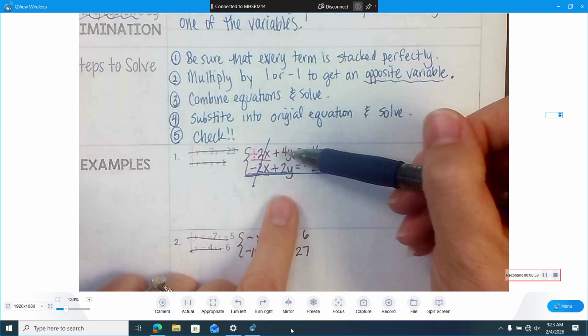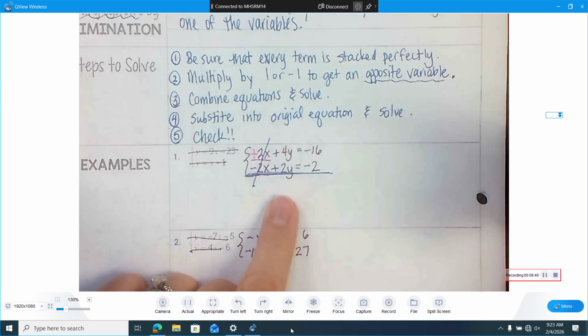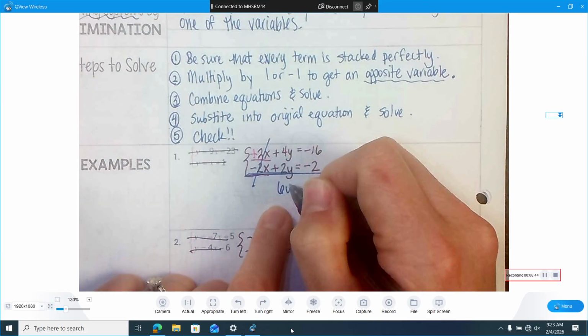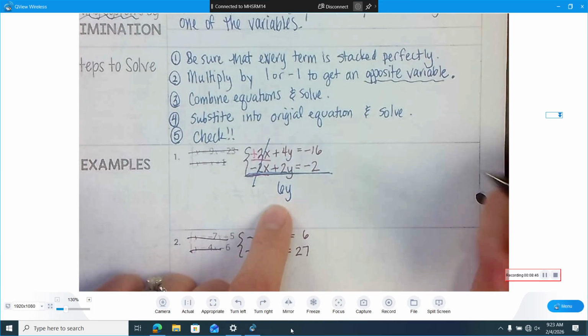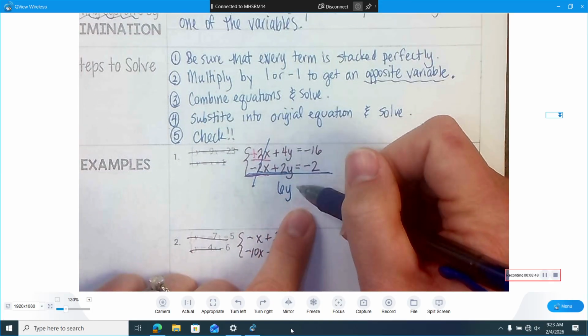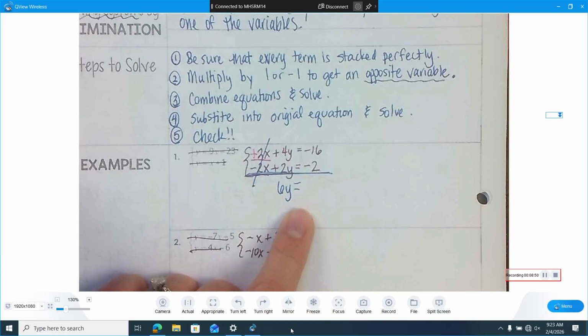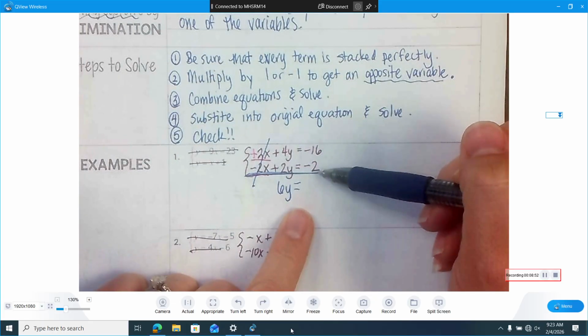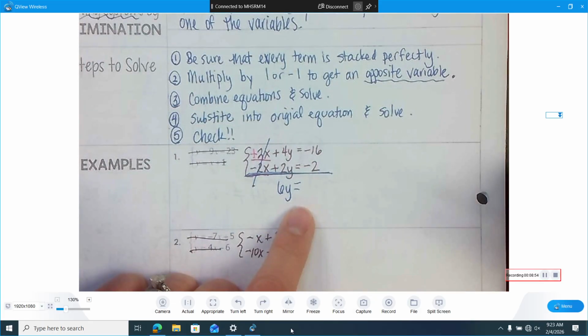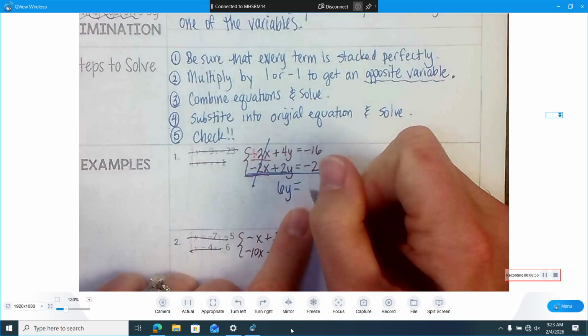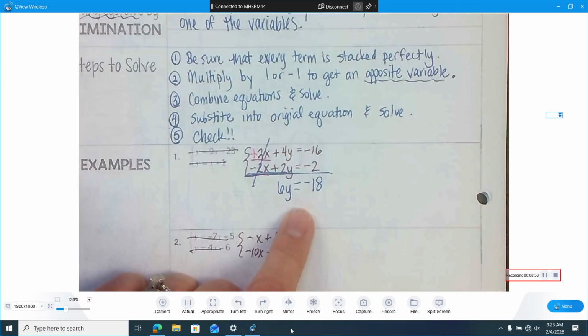And then here we're going to combine, what's 4 y's and 2 y's? 6 y's. Look at that, we're just adding things up. Then I have a lovely equal sign, bring down your equal sign. And then I have a negative 16 and a negative 2. How many negatives is that? Negative 18. Look at that. All right. 6y equals negative 18.